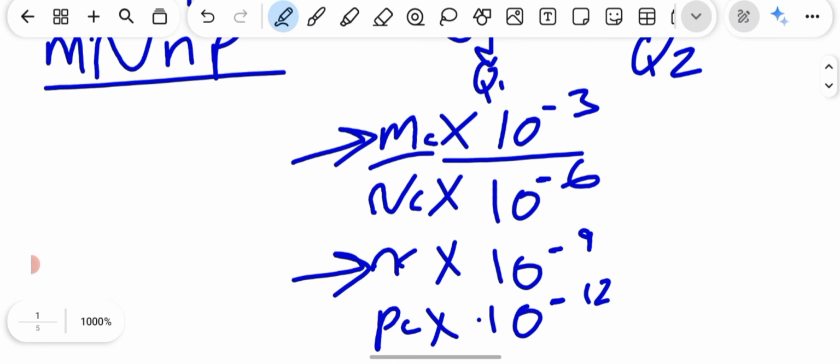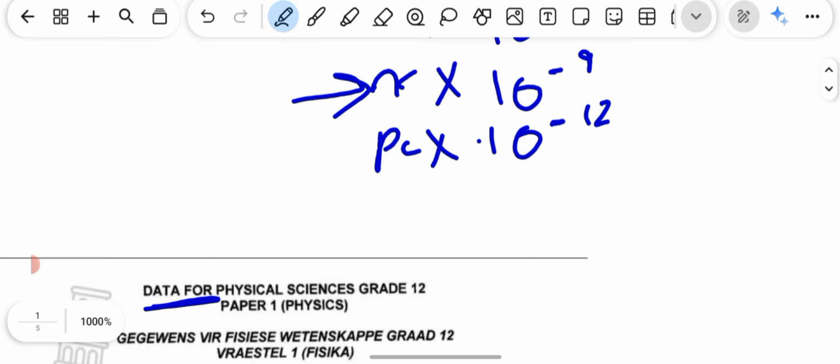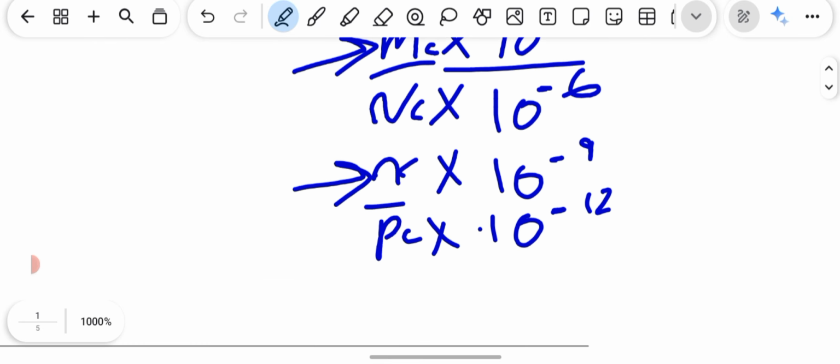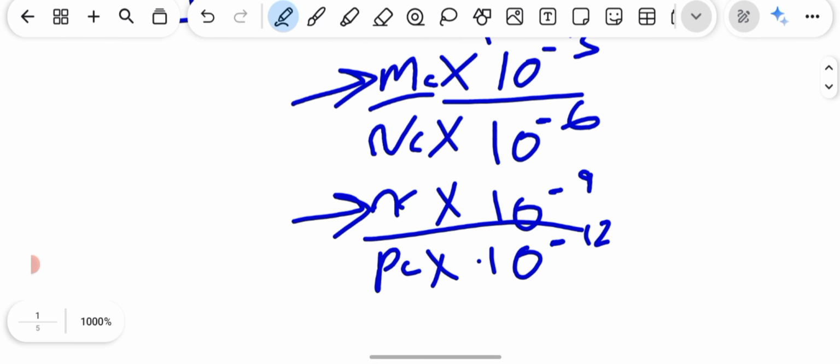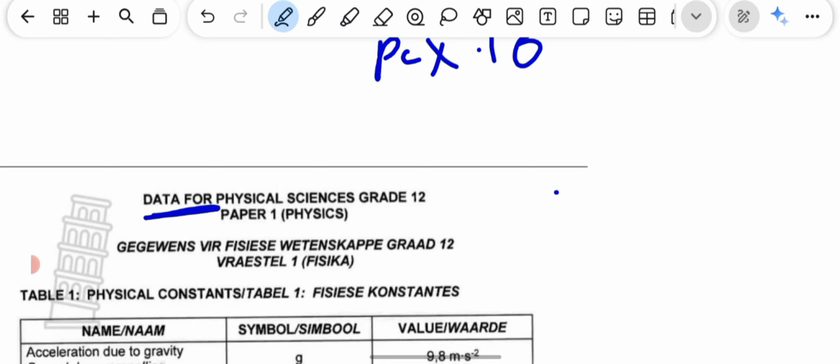If you are given anything in this form, for example, let's say we are given something in nanocoulombs, which is this one. So let's say they give us a question and they say you are given negative 3 nanocoulombs, right? You know that you have to change this into coulombs. So you are going to look back on your, because I said you have to write this on your exam sheet. They're not going to give you this. So you write this on your question paper, right?